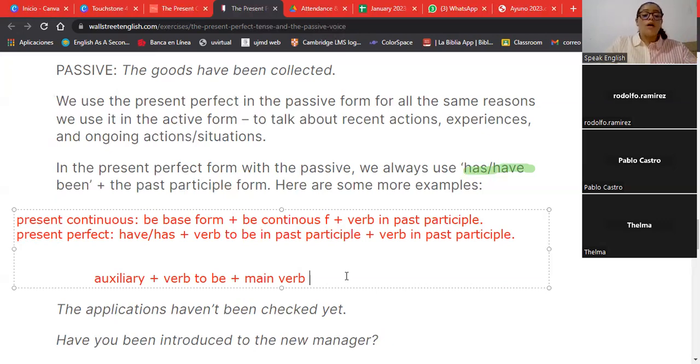So, now, let's copy this information in our notebooks, please. Let me know when you finish.